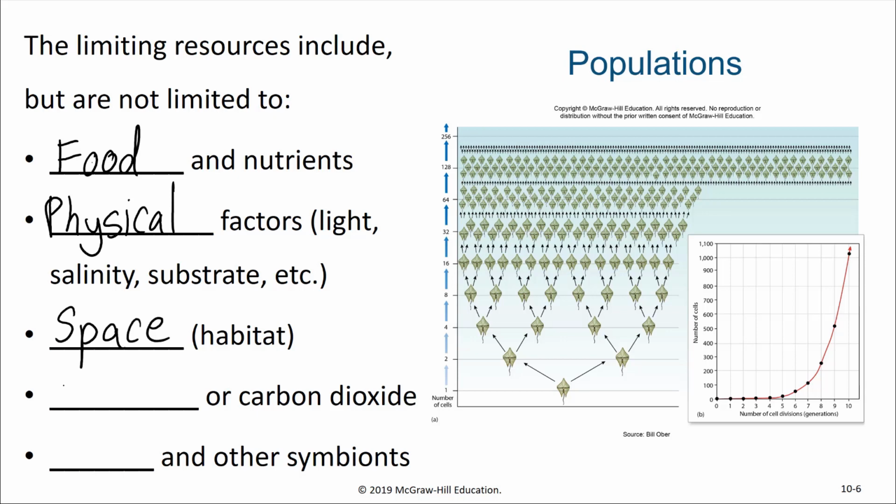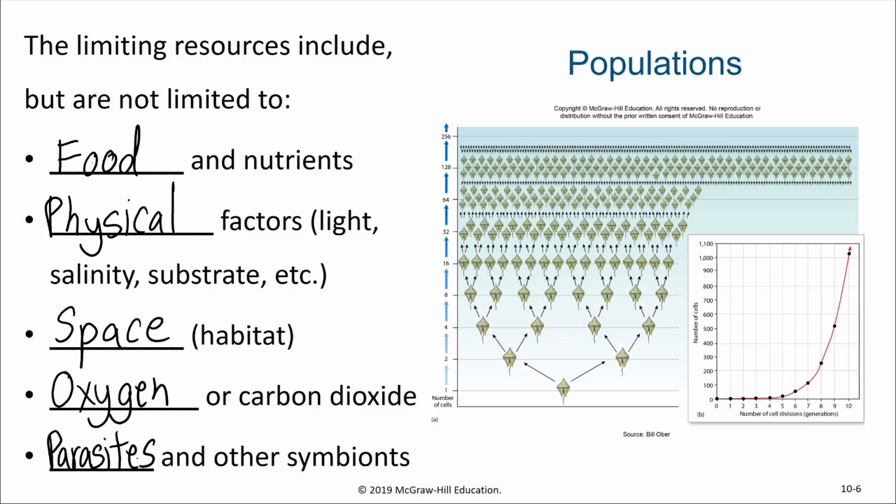Different gases, such as oxygen or carbon dioxide. Limiting resources can also include things like parasites and other symbionts. So an excess of parasites could limit growth, or an absence of essential symbionts could also limit growth. These are all factors which can control the growth of a population.